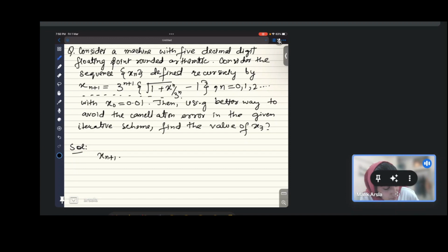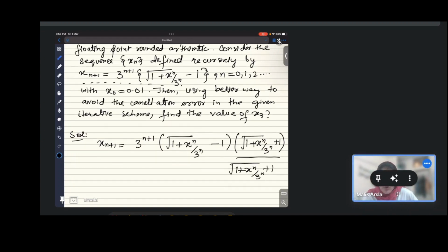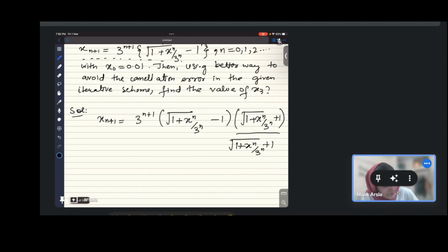So x(n+1) equal to 3^(n+1) into the square root of 1 plus xn upon 3^n minus 1, and multiply it with the square root of 1 plus xn divided by 3^n plus 1, and also divide it with the same. Correct? This we can do, multiplying and dividing by the same thing.